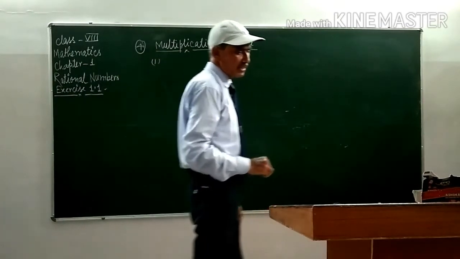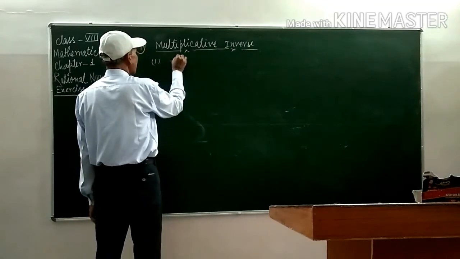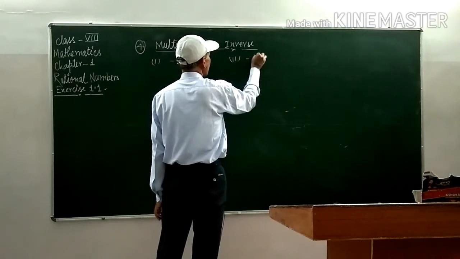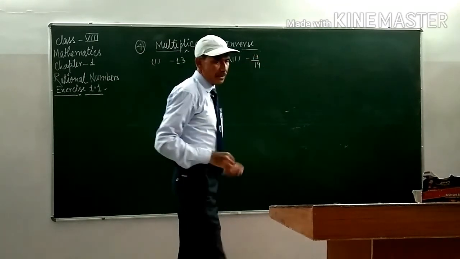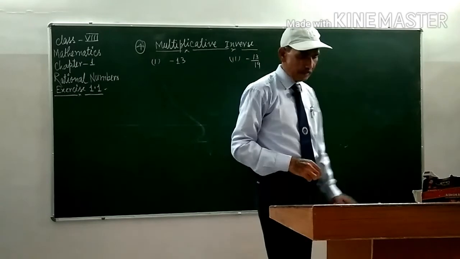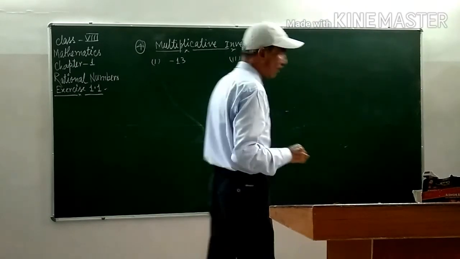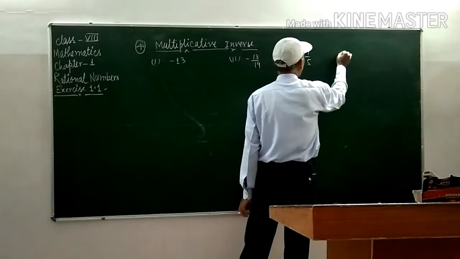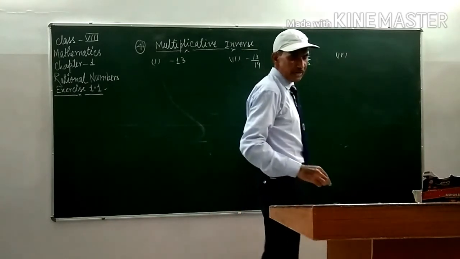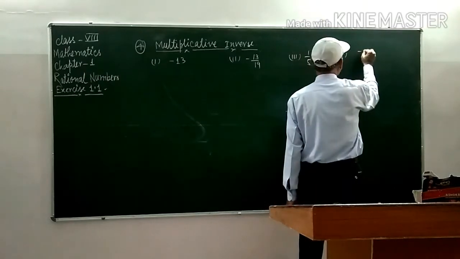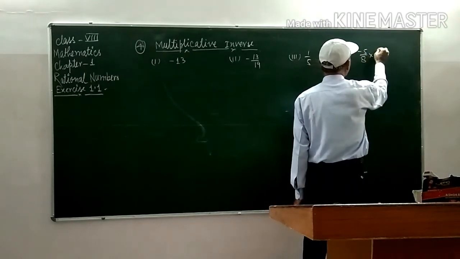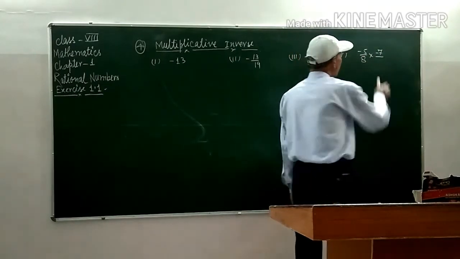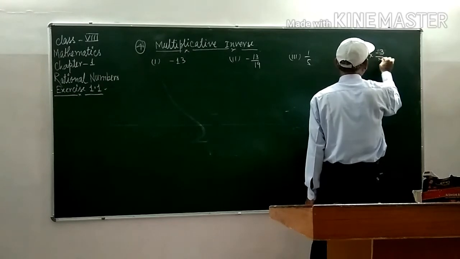That is minus 13, second one minus 13 by 19, and third one 1 by 5, and fourth one is minus 5 by 8 into minus 3 by 7.